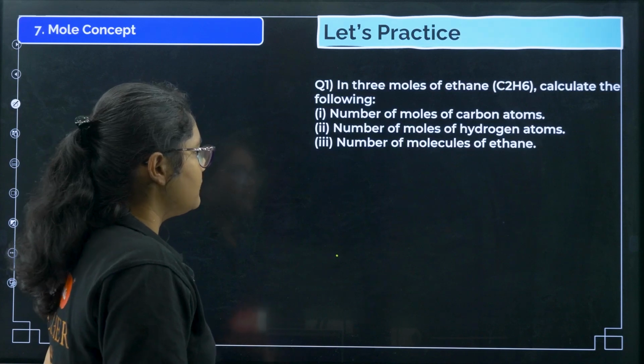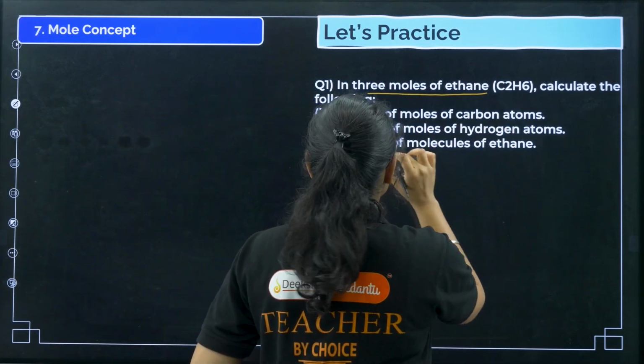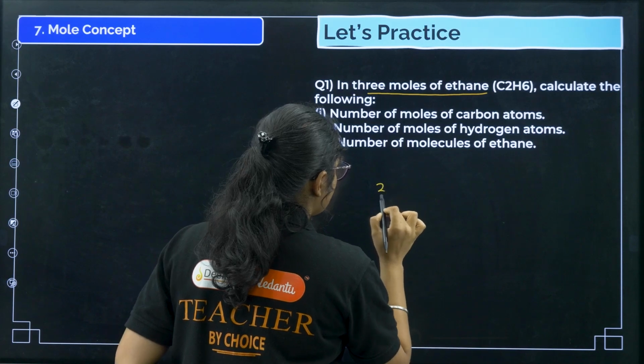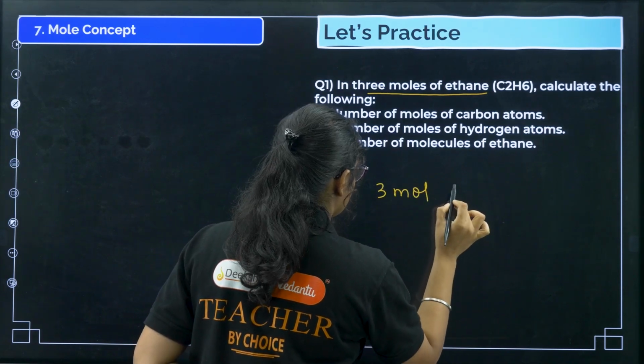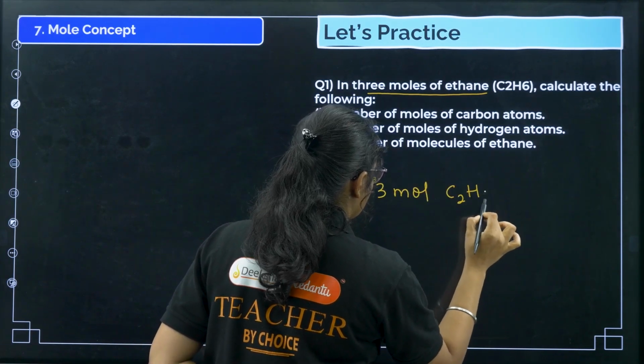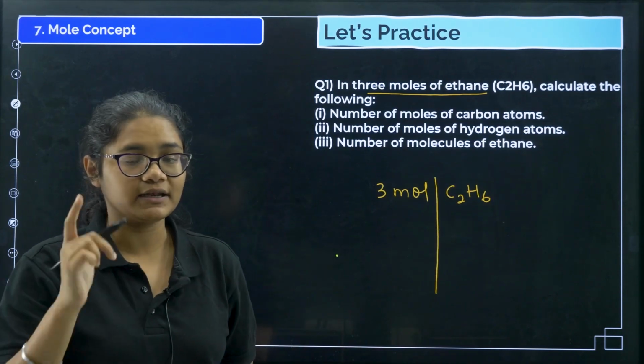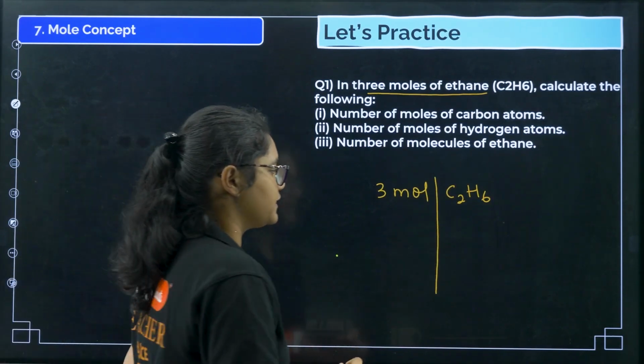Okay, so now let us do a question here. In 3 moles of ethane, calculate the following. We are given 3 moles of ethane. Now before doing this one, let us understand what is present in 1 mole of ethane. This is very, very important.